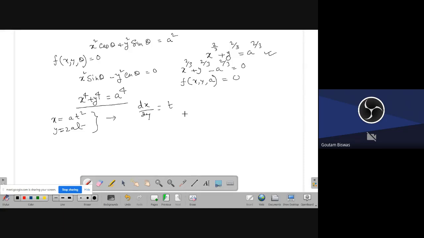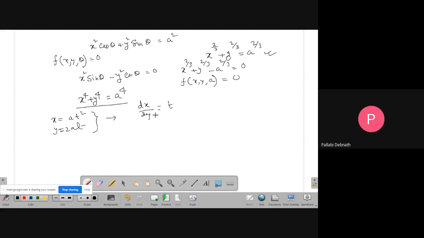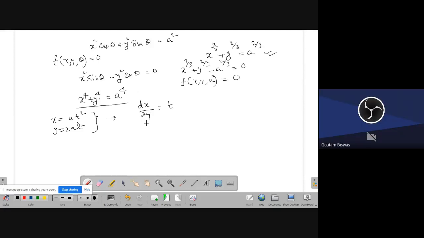Yes, sir. Okay, it is t. Then what is the equation of the normal at the t point of this curve? That's why we didn't find out dy/dx; we get dx/dy.